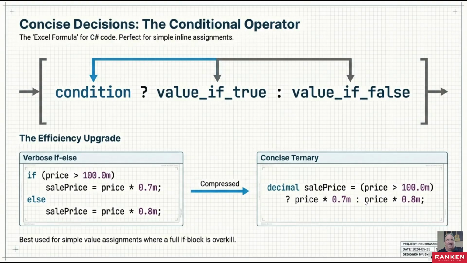Else, it's going to execute price times 0.8. Okay. Either way, best used for simple cases. If you have complex if-else statements, it's usually best just to go ahead and do if-else statements. If-else statements are a little more self-explanatory. You can still do it in a ternary operator, but it gets a little messy when you've got multiple.